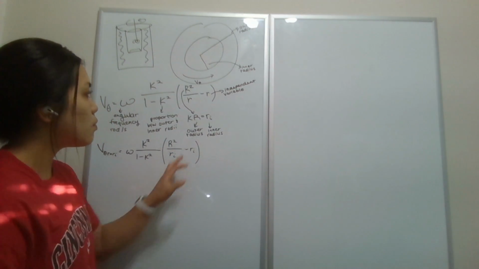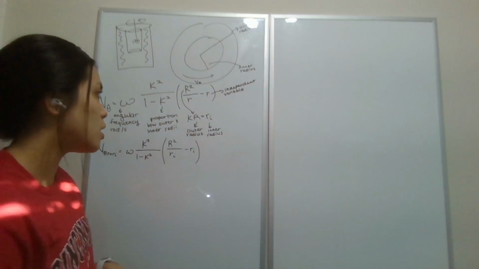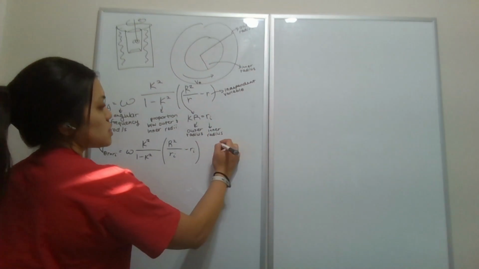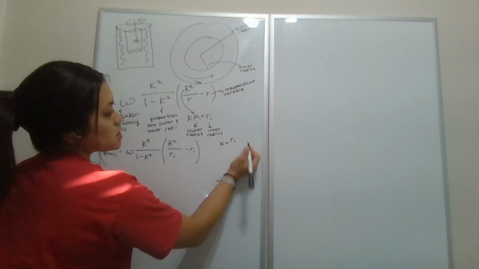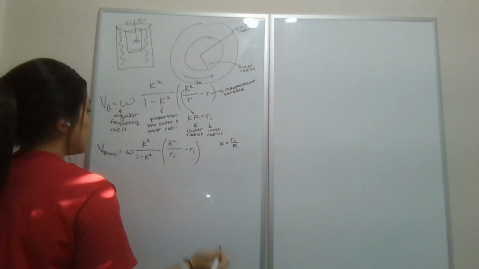And so using what we know about this proportion here, we can substitute the proportion with the inner radius divided by the outer radius.